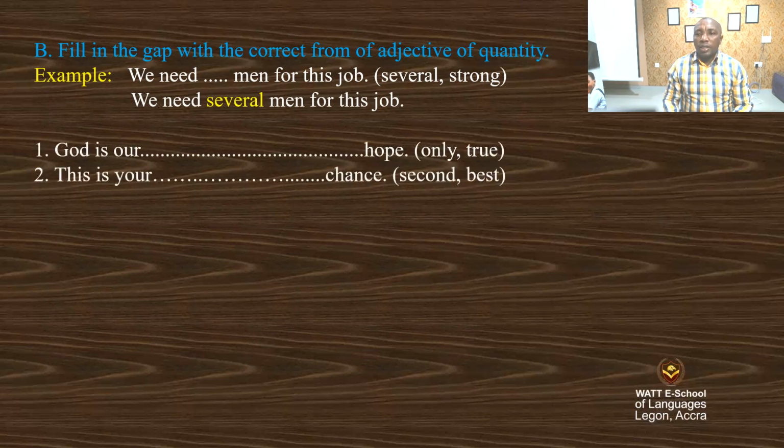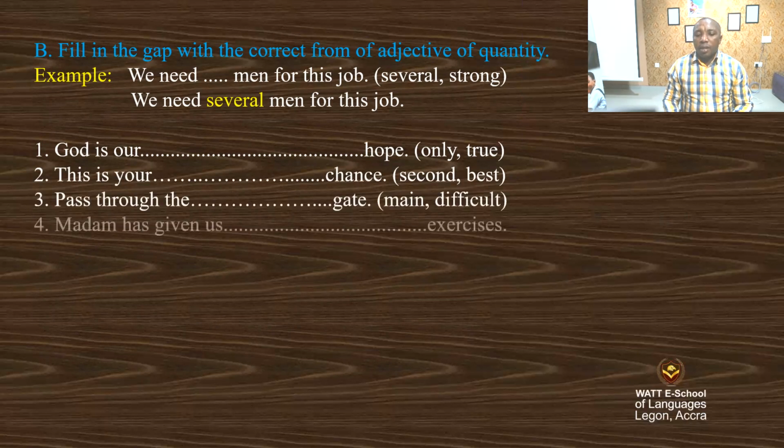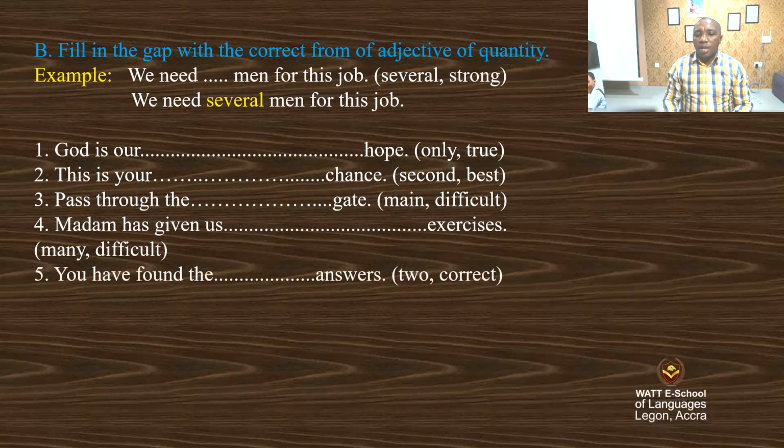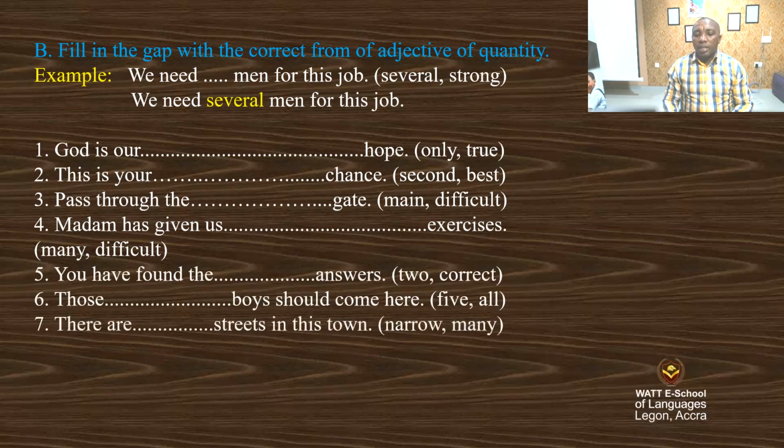This is your chance. Pass through the gates. Madam has given us exercises. You have found the answers. Those boys should come here. There are streets in this town. He is lucky to have got support.